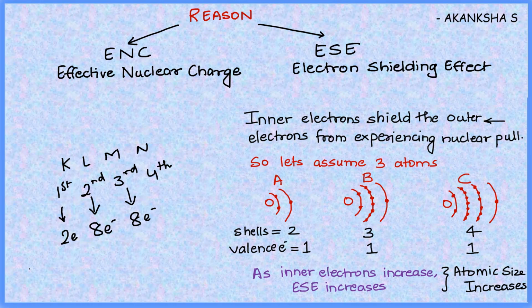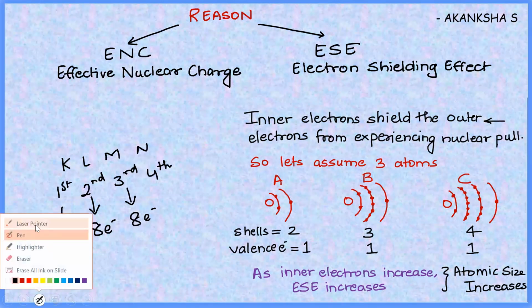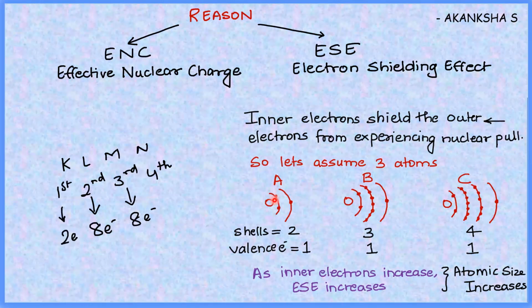Now, what is happening over here? Let's try to understand. The first orbit in atom A is holding 2 electrons. In B, the first orbit is holding 2 electrons and the second orbit is holding 8 electrons. In C, the first is holding 2, the second orbit is holding 8, and the third orbit is also holding 8. What does this mean?